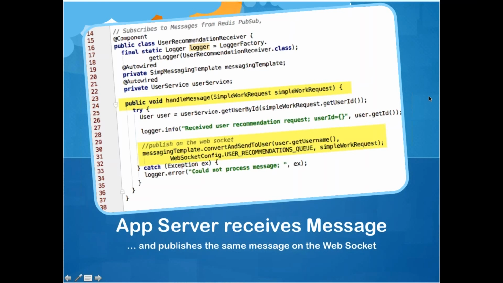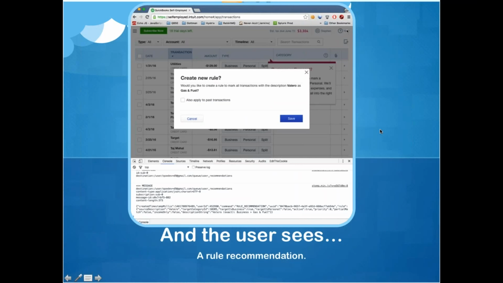Okay, and in the end, this message that you see here has been sent via WebSocket, and the UI translates this into a modal that asks the user if they want to create a new rule. And so the user sees a rule recommendation in the end.